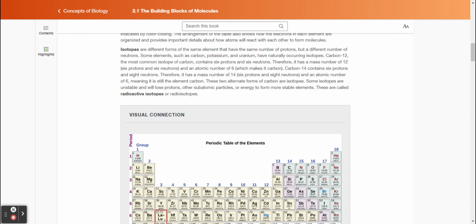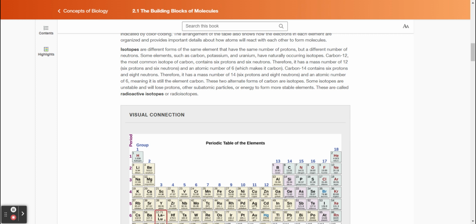Isotopes are different forms of the same element that have the same number of protons but different numbers of neutrons. Some elements, such as carbon, potassium, and uranium, have naturally occurring isotopes. Carbon 12, the most common isotope of carbon, contains 6 protons and 6 neutrons.